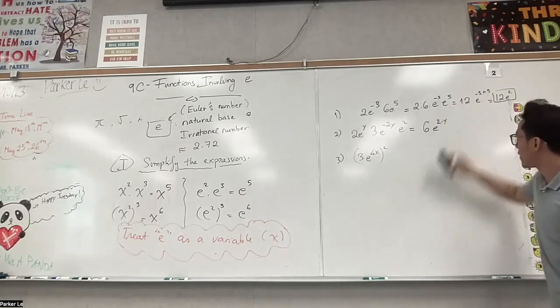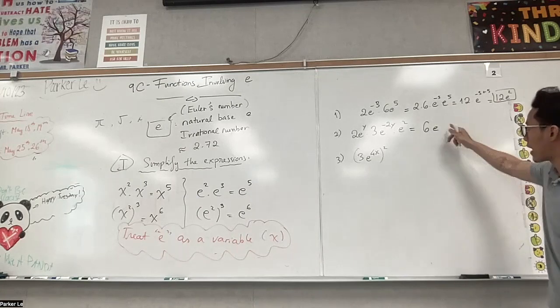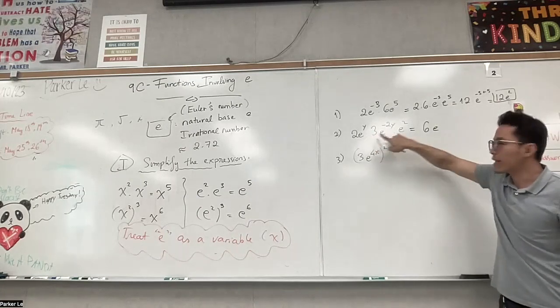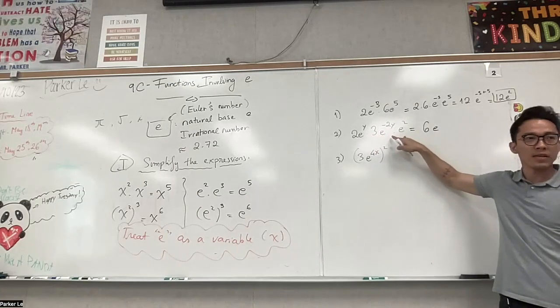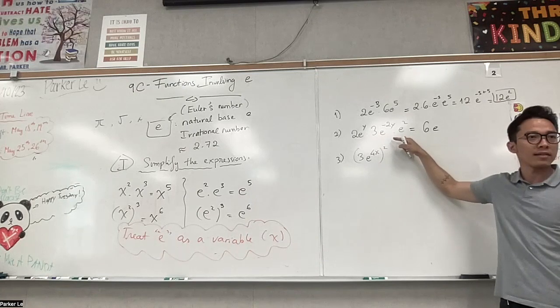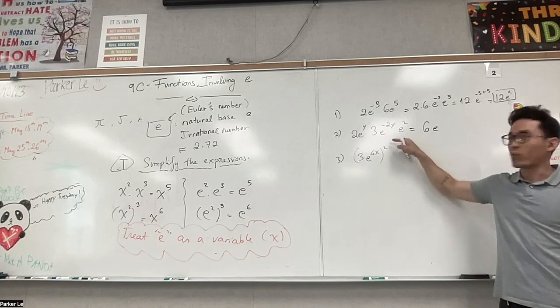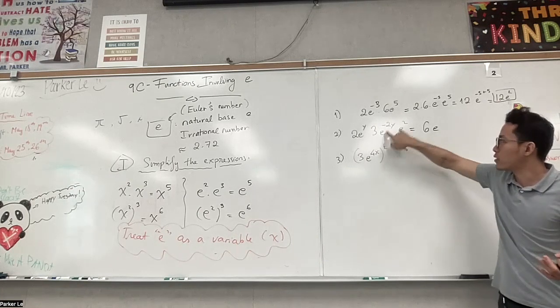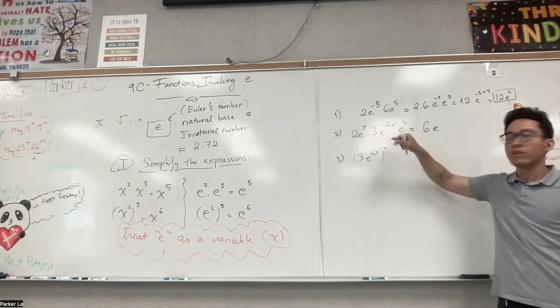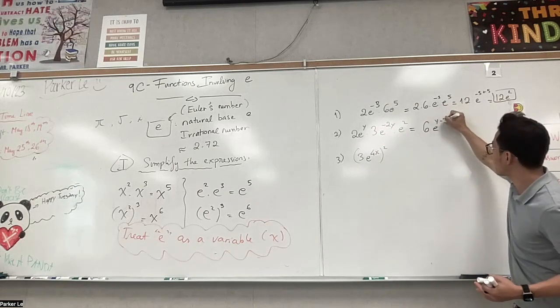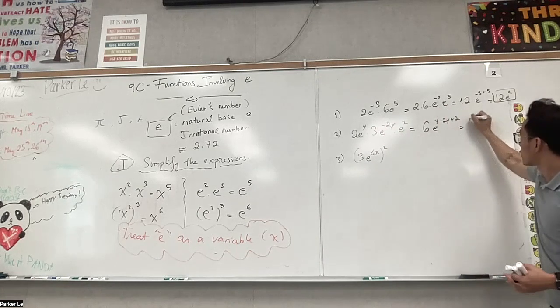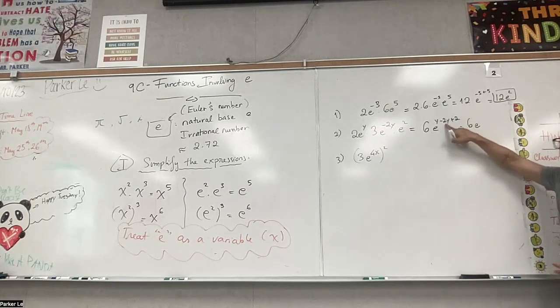Very good, 2 points for Elizabeth. Let me explain why 2 minus y. They're all the same base, right? So what do you do with the power? When you multiply and they have the same base, you add the powers: y minus 2y plus 2.